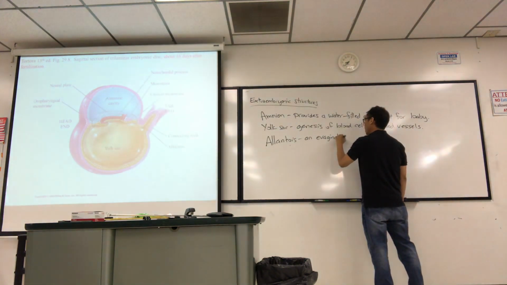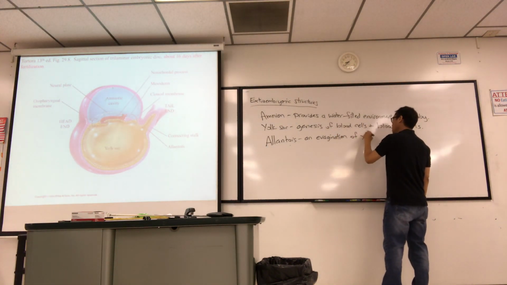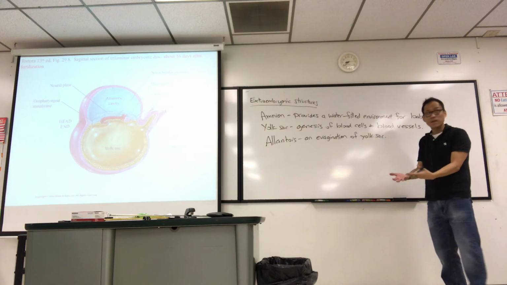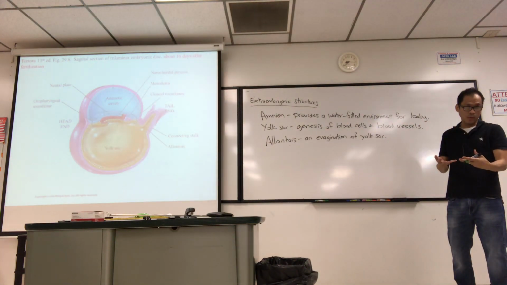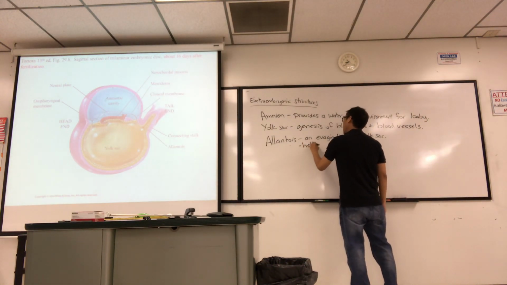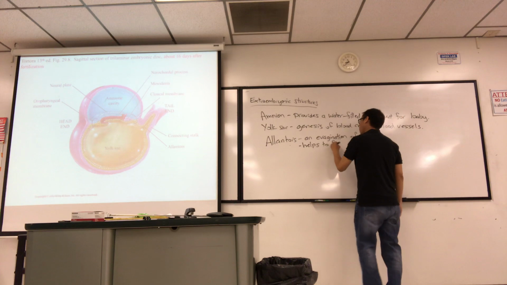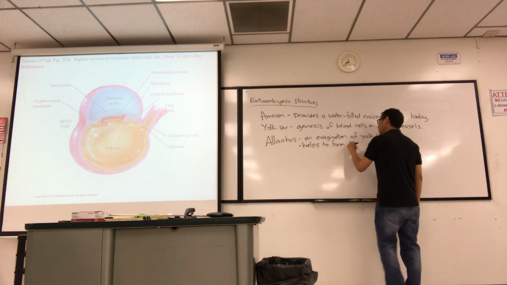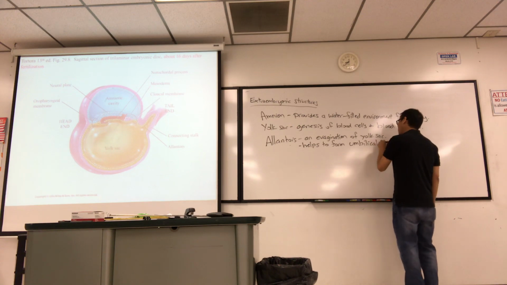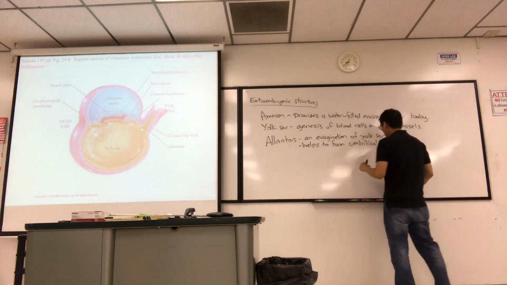Evagination of the yolk sac, that's how it appears. Basically, it will help form the umbilical stalk or umbilical cord. It helps form the urinary bladder. Helps to form the umbilical stalk.